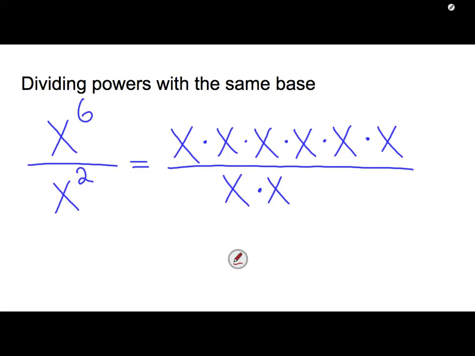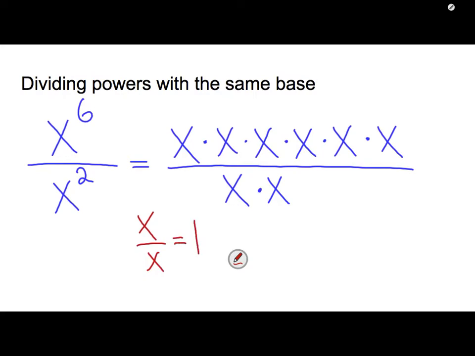Now, thinking about what we know about dividing, we know that any number divided by itself is 1. So 5 divided by 5, that's 1. Negative 2 divided by negative 2, that's 1. And a variable is a number. It's just a number that we don't know. It's unknown, but it still counts as a number. So that means x divided by x is just 1.